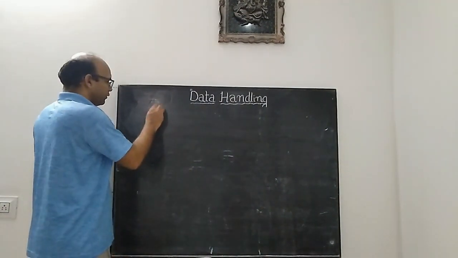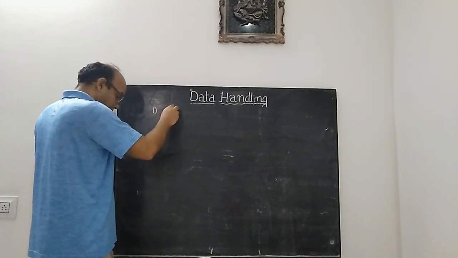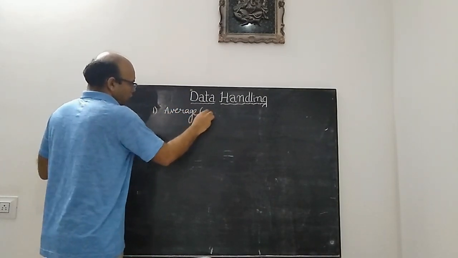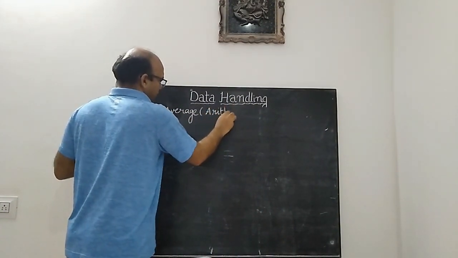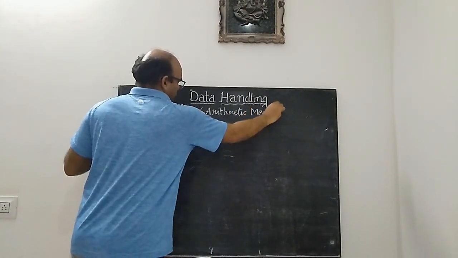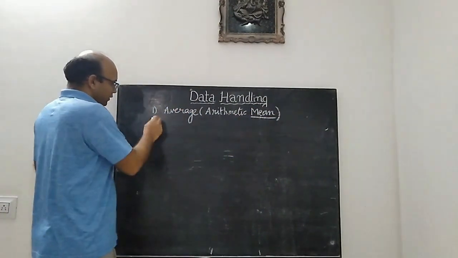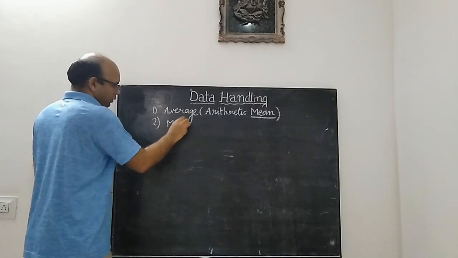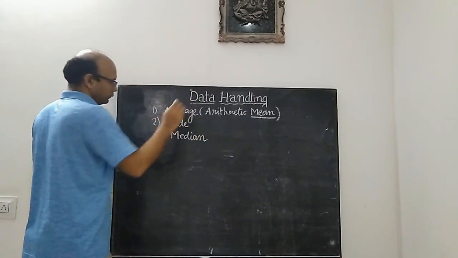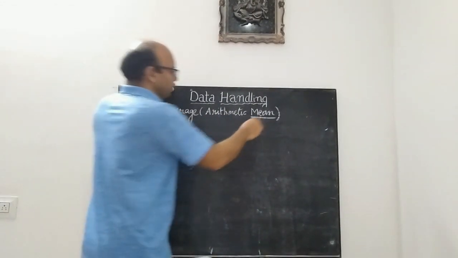Generally what we will be studying is the arithmetic mean, or the average, or simply the mean. The second one we'll be studying is the mode, and then the median.